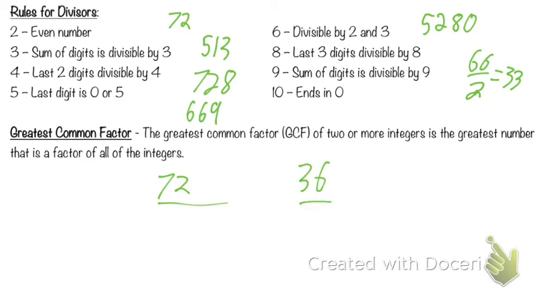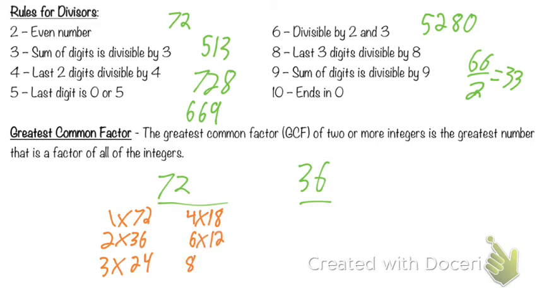We listed the factors of 72 just a moment ago: 1 and 72, 2 and 36, 3 and 24, 4 and 18, 6 and 12, and 8 and 9.